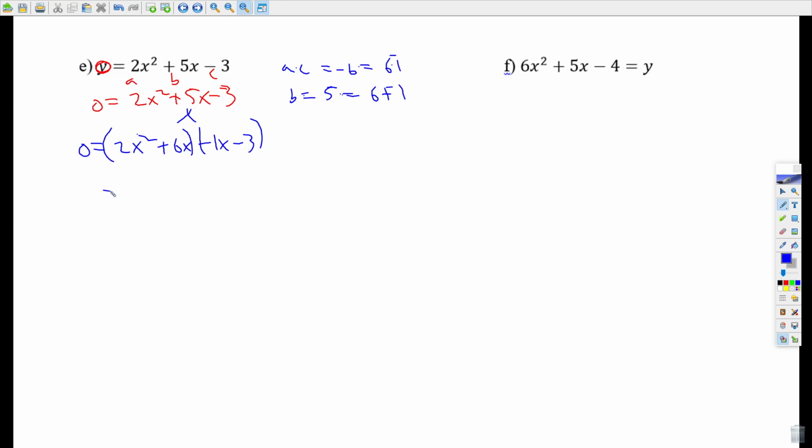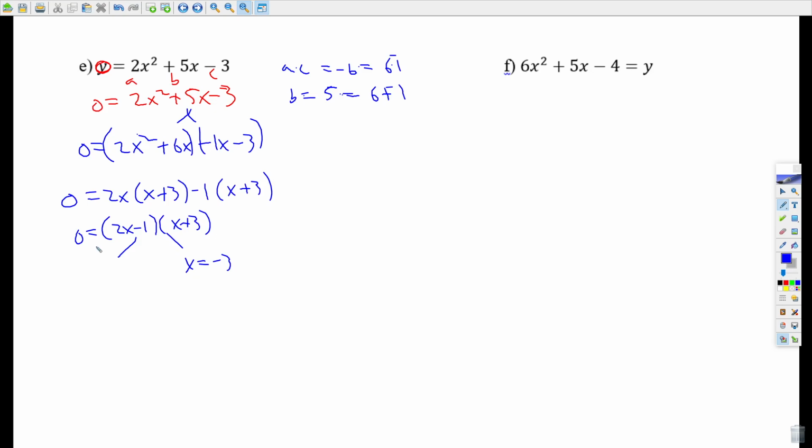First one, you can take out a 2x, get an x plus 3. Second one, you can take out a negative 1, also gives you an x plus 3. All right, so we have 2x minus 1 and an x plus 3. Again, if you don't know how to get this one, you can solve that for x by setting it equal to 0. This one might be a little bit more obvious.